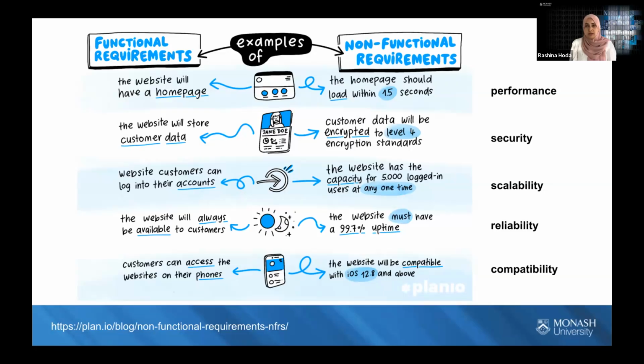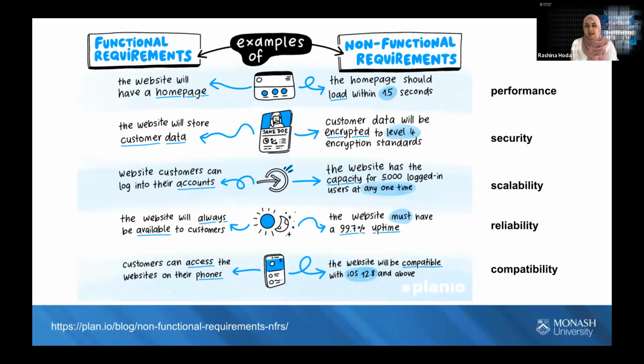So this was performance. Then similarly, you might have security. A functional requirement might be that the website will store customer data. The security non-functional requirement may be that the customer data must be encrypted to level 4 encryption standards and so on. At the bottom, for instance, a functional requirement could be that customers can access the website on their phone. That's a requirement that the customer has.